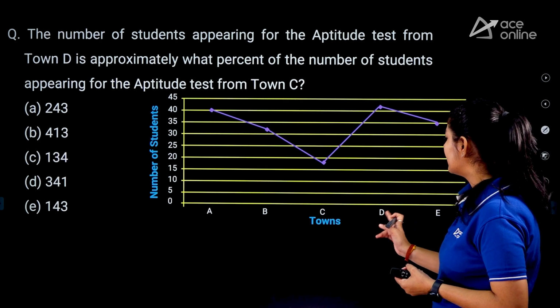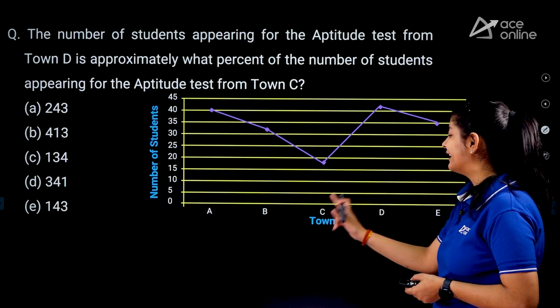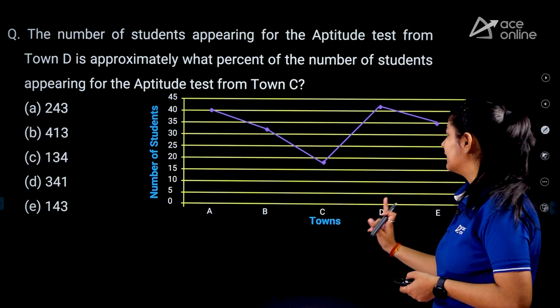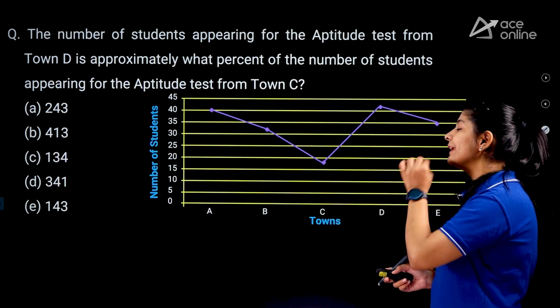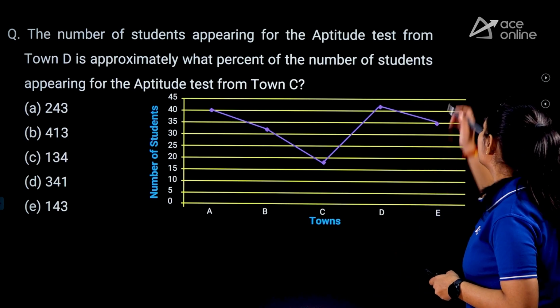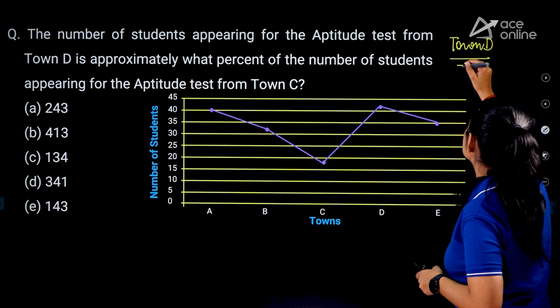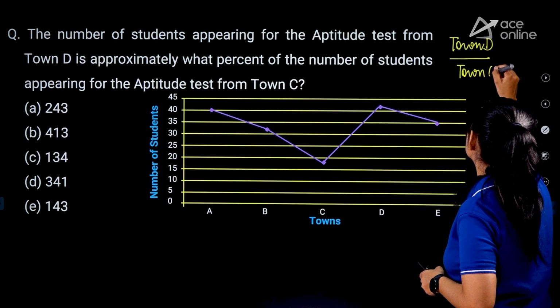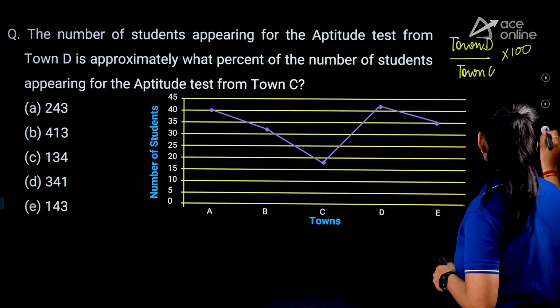Okay, so here we need to find out the approximate percentage between these two, town C and town D. Whenever we have specific things, we only need to focus on the specific values. We need to find out town D with respect to town C into 100.